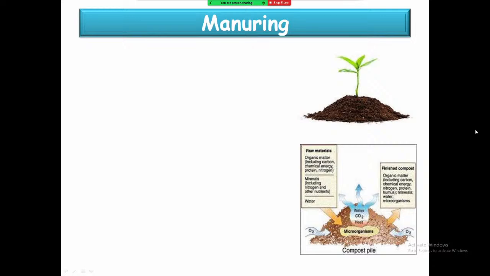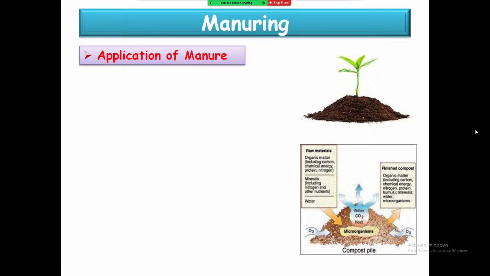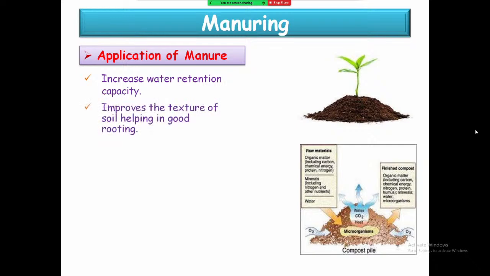Okay. Then manuring. Why do we apply manure? We apply manure to increase the retention capacity, improve the texture of the soil, and help in good rooting. It increases the microbial population in the rhizosphere of the mulberry plant.